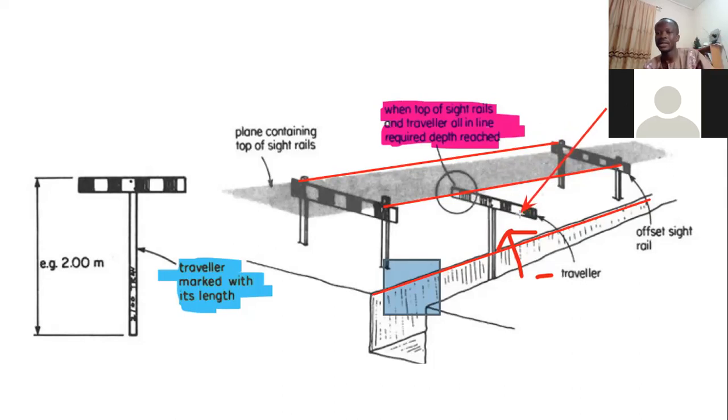So you say, just keep digging, I'll check for you. Then don't forget, we're not only digging at this place, we're digging all along, all the way to the end. So we need to make sure that we are digging a certain slope. This is the use of a side rail.